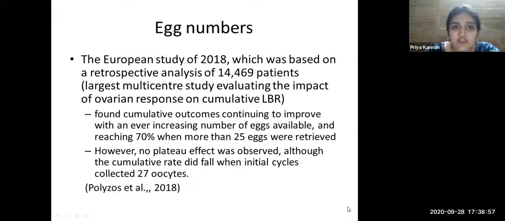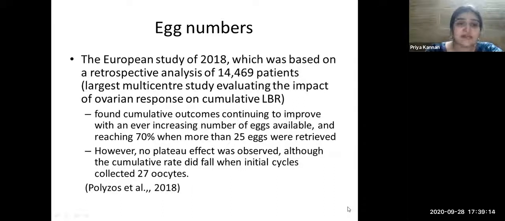There was a European study in 2018 which was based on a retrospective analysis of around 14,000 patients. It was a multi-center study evaluating the impact of ovarian response on cumulative live birth rate.